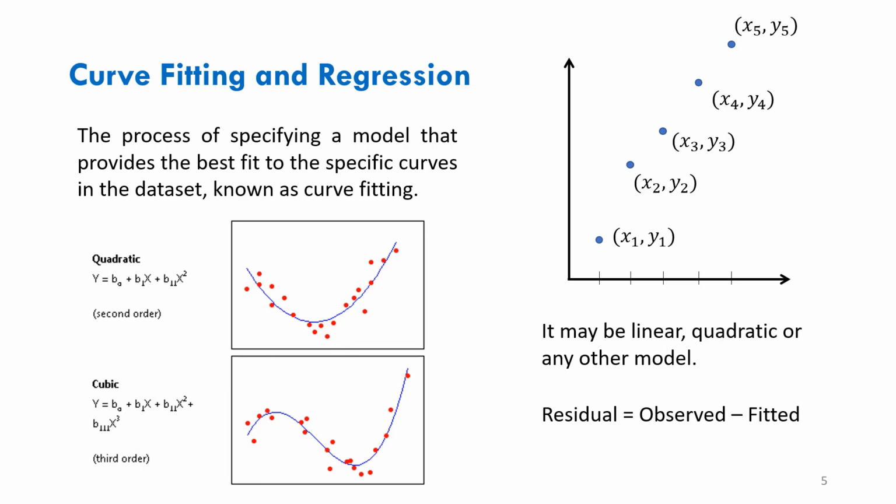Curve fitting is a process of finding the best fit of the model, where we try to minimize the error, also called residuals, and it could be linear, quadratic, cubic, or even exponential. For example, there are some data points following a linear equation y equals mx plus b, where b is the y-intercept representing the baseline of the model.